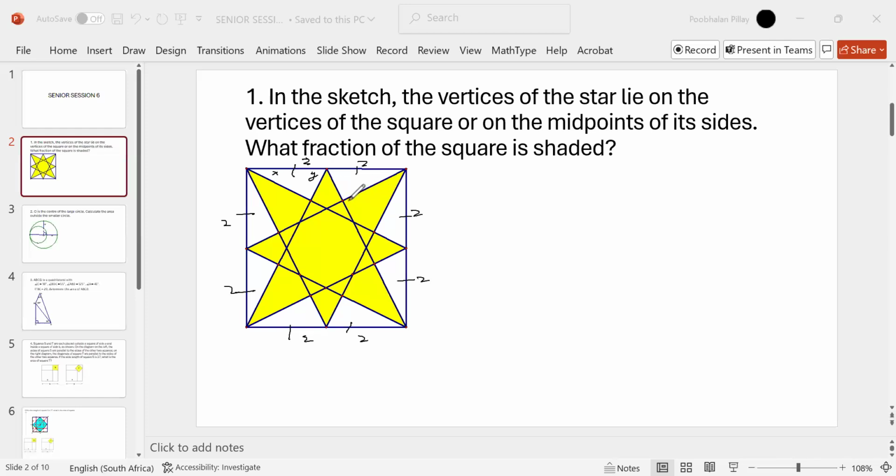So if you think about this, if you look at this triangle, which has got these vertices, that is a right angle triangle.